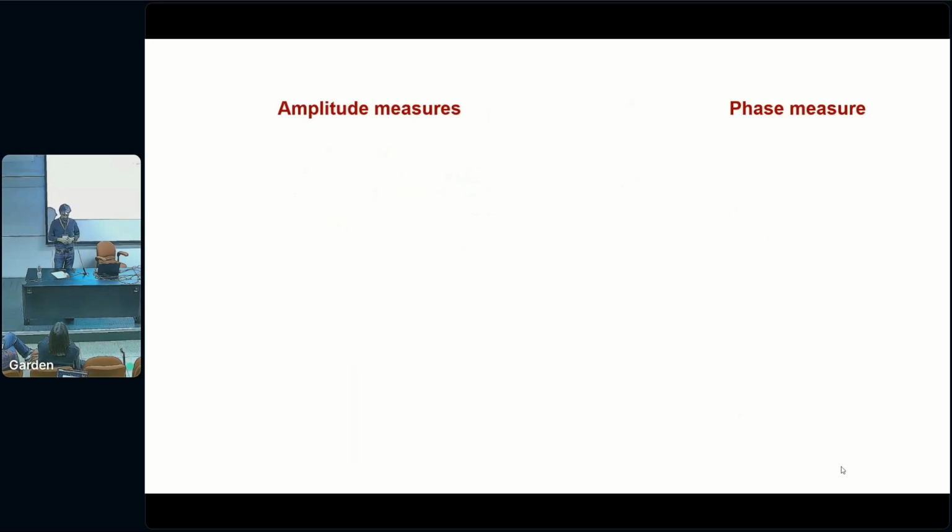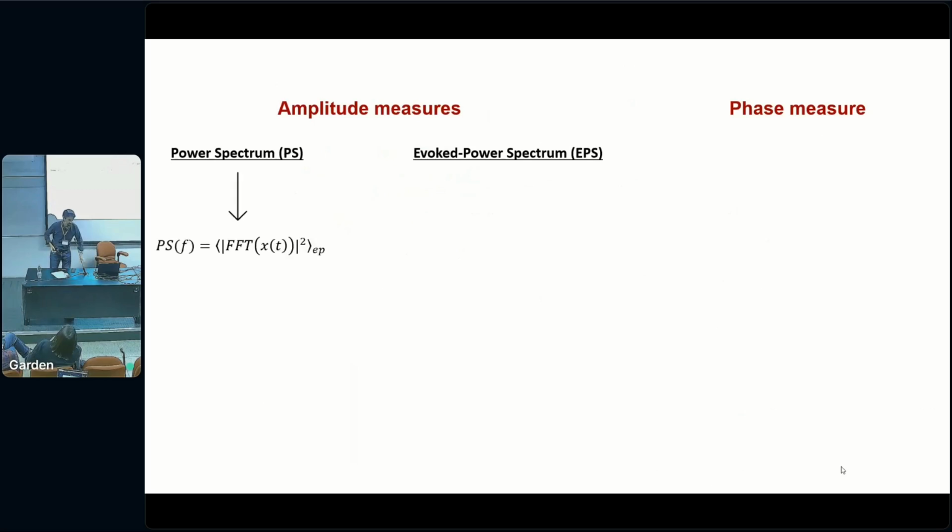Before going into the few studies that I'm going to present, the overwhelming majority of the frequency tagging studies employ three measures to measure the response. The first one, which I already showed to you, is the power spectrum. So you take your continuous time series and you cut some windows, and for each window you compute the power spectrum, and then you slide the window and you compute this power spectrum and you average across all these windows.